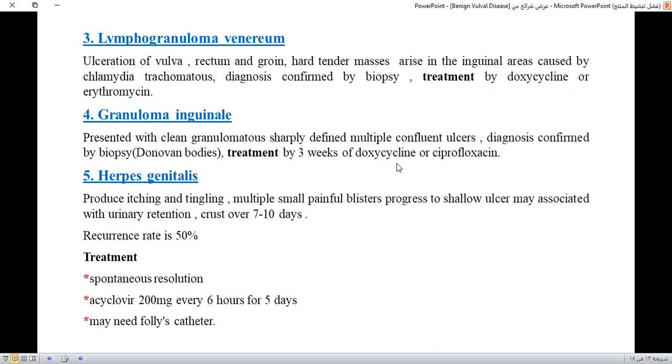And the fifth point is herpes genitalis, which produces itching and tingling. There is also numbness along with itching. Multiple small painful blisters progress to shallow ulcers, may be associated with urinary retention.